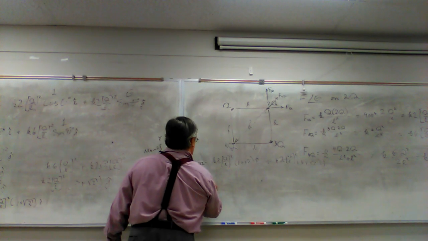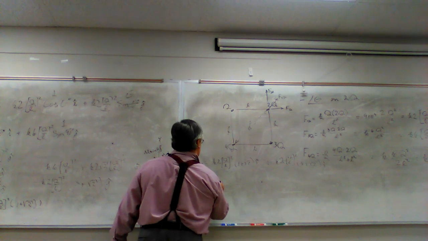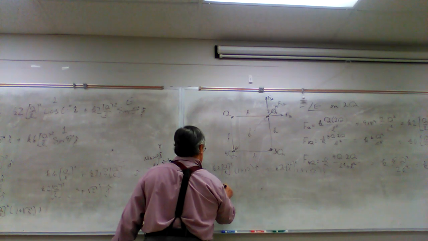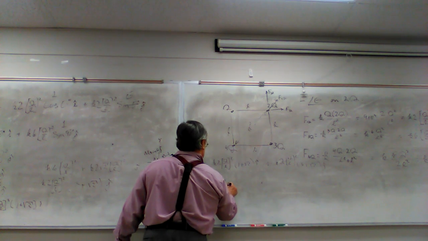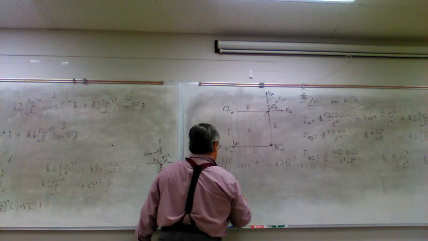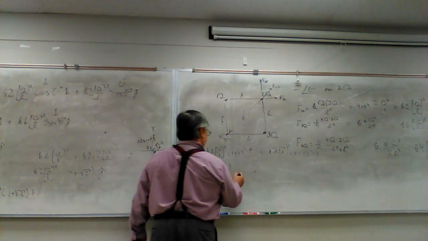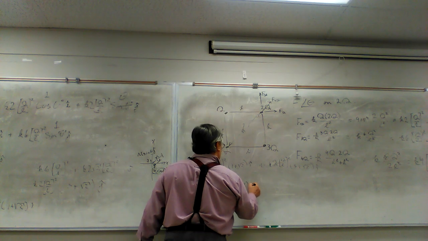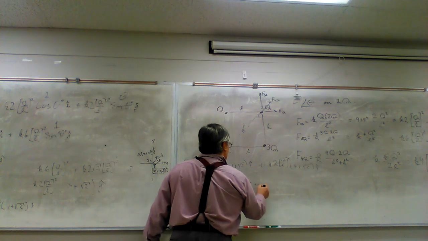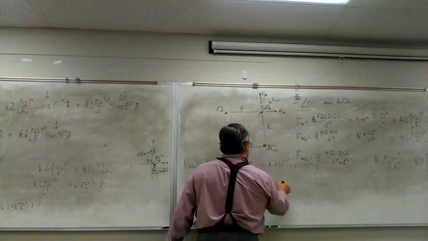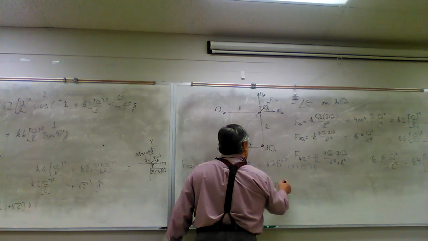We can just factor that out. And then that leaves us with 1 plus the square root of 2 I plus 3 plus the square root of 2 J.